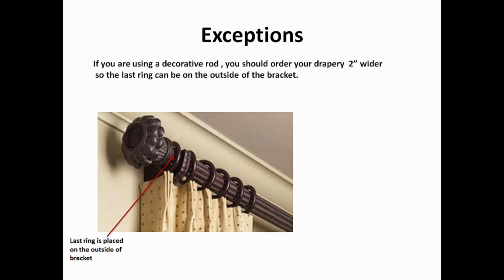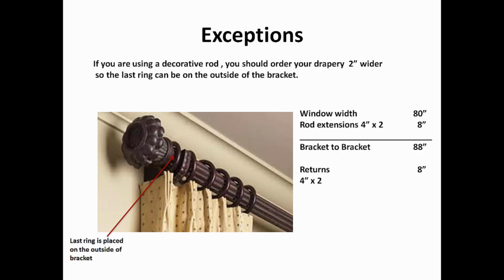So if you were to do the math, let's take our 80-inch window. We extended the rod out 4 inches on each side, which gave us 8 inches. Then we had a bracket to bracket of 88. Then we added the returns, which were 4 inches times 2. Then we added the overlaps, which were 2 inches per panel, but since it was a pair, a total of 4.